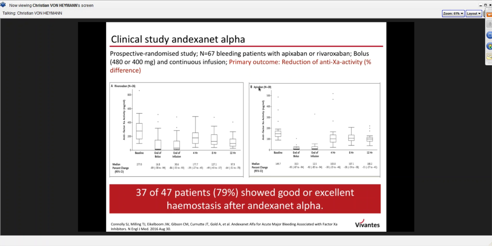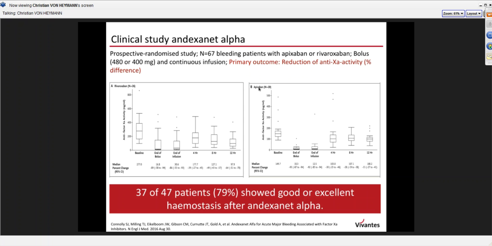Well, what the viscoelastic tests will show you is some prolongation of the clotting time. It will show you that the drug is on board, but nothing more. You cannot correlate the results with the plasma levels.